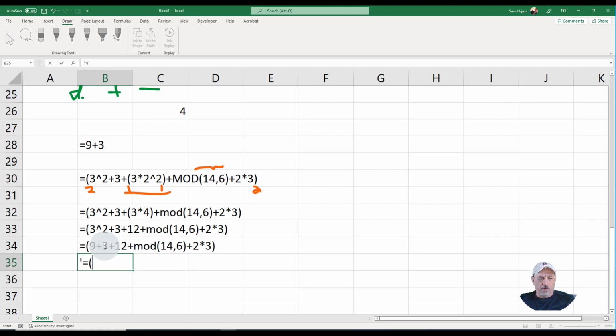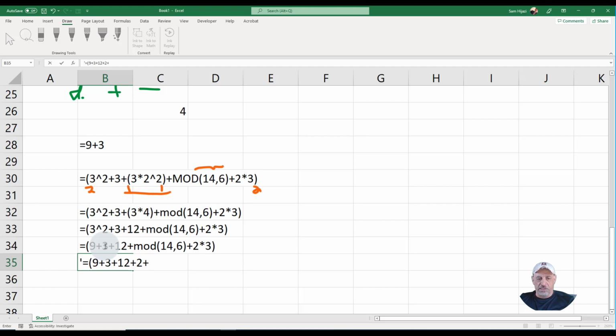So we have 9, and next I don't do the addition. Look, the mod is in my way. I'll take care of it. So I'm going to say 9 plus a 3 plus a 12 plus the mod, which is the remainder. When I divide 14 by 6, there are fully 2 sixes in the 14, so the remainder is going to be 2.